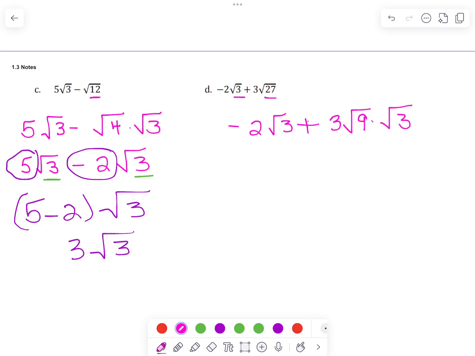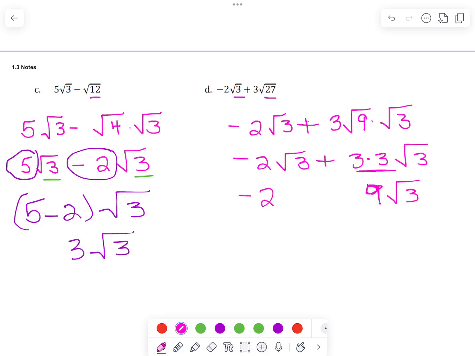Well, that square root of 9 becomes a 3. So again, the square root of 9 is 3. And then we have to multiply those two numbers. So 3 times 3 is 9.